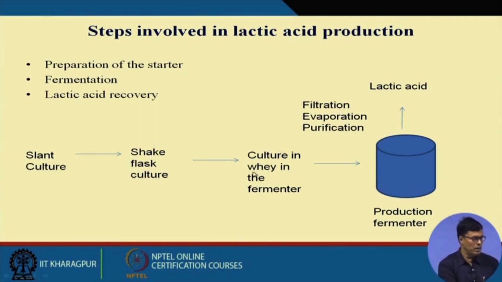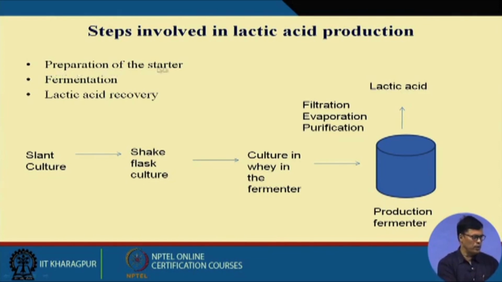After that it grows in a control fermenter and we get the cell mass, which we put in the production fermenter, which produces lactic acid. It then passes through different downstream processing steps like filtration, evaporation and purification.